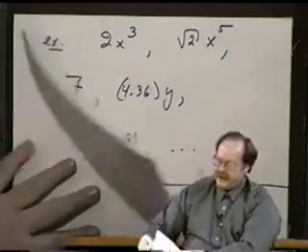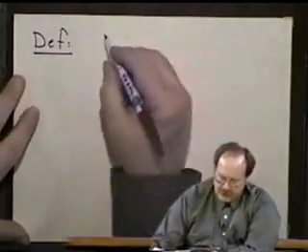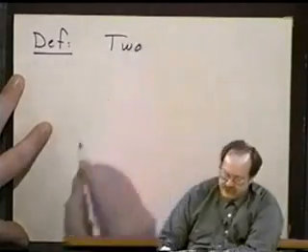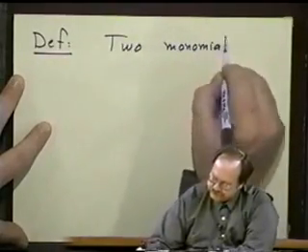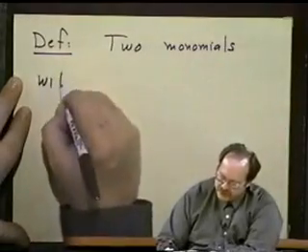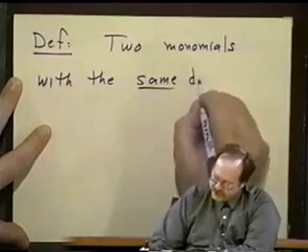Okay. Now that we have these new objects, we ask ourselves, what can we do with them? One of the things we can do is add them, and we'll get a notation and terminology for that. Two monomials with the same degree, got to have that, with the same degree.